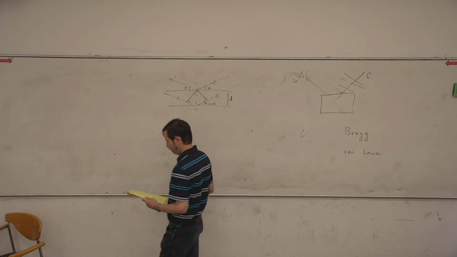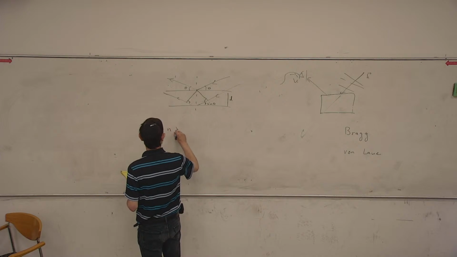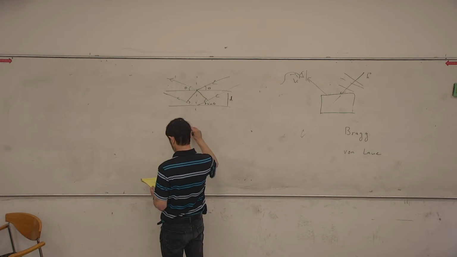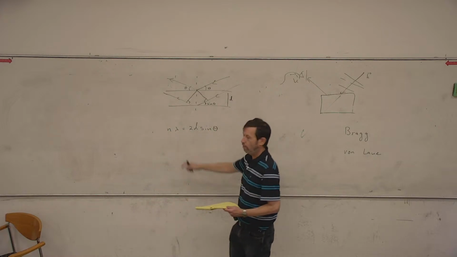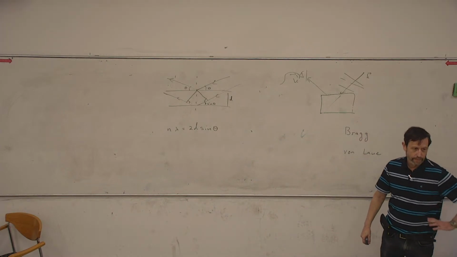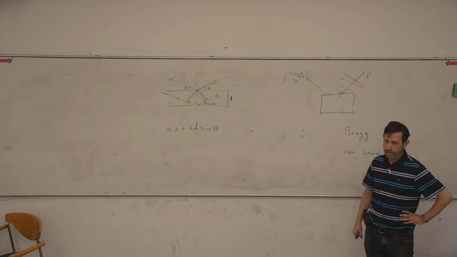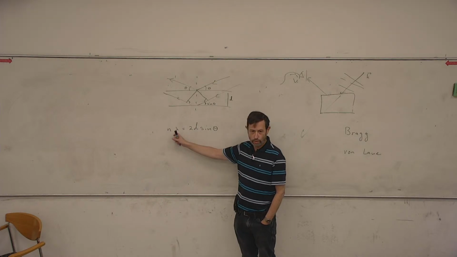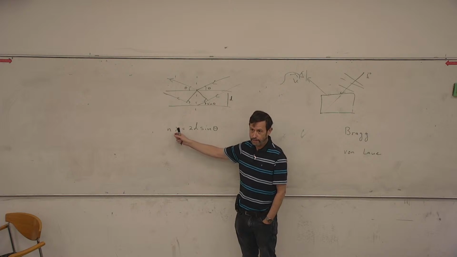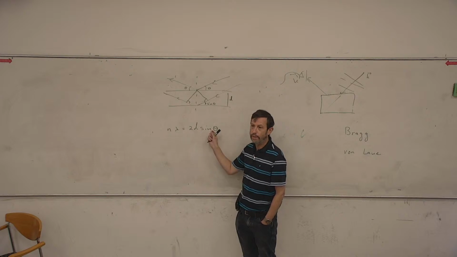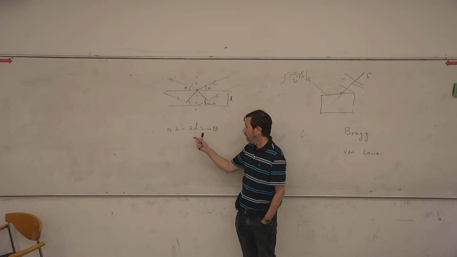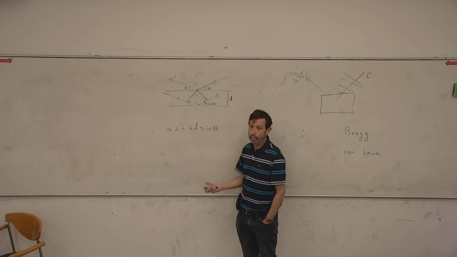So if I know the distance between the planes, or I know lambda, the wavelength, that's the more relevant case, I know the wavelength of the incoming wave, I know at which angles I get positive interference, I can tell you what is the distance between the planes.